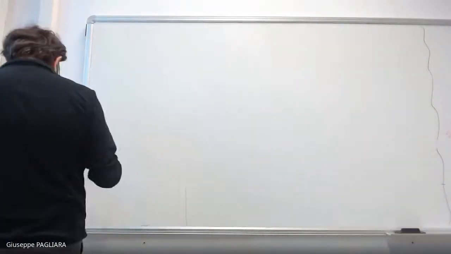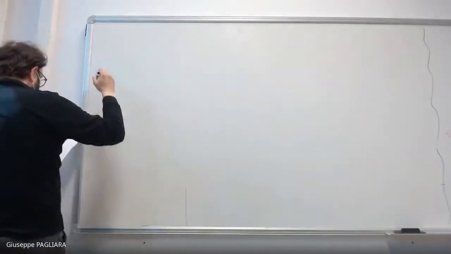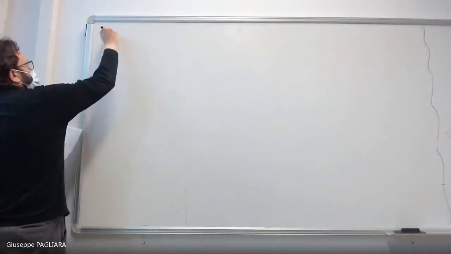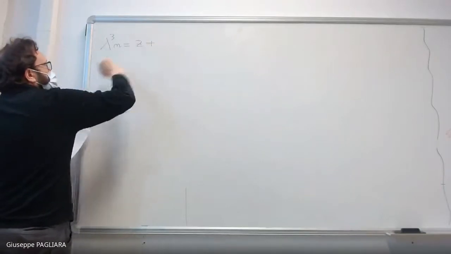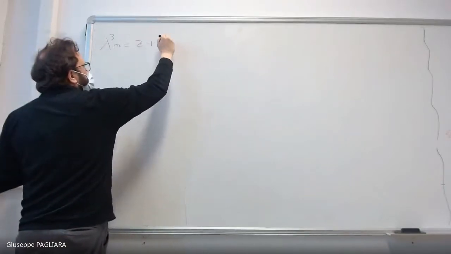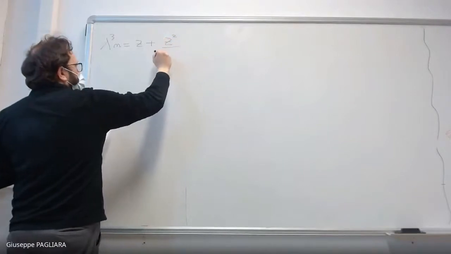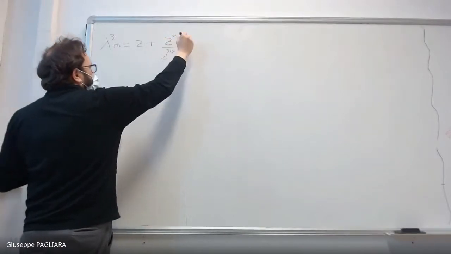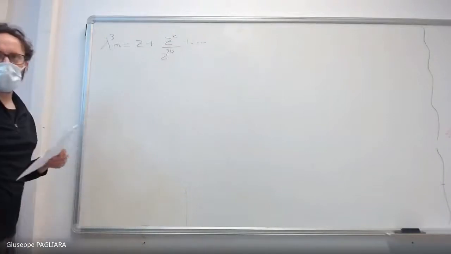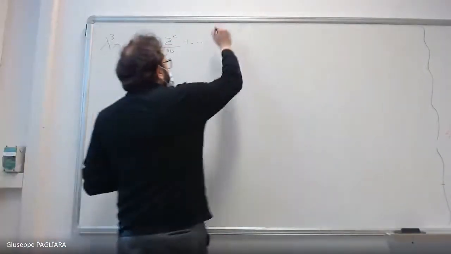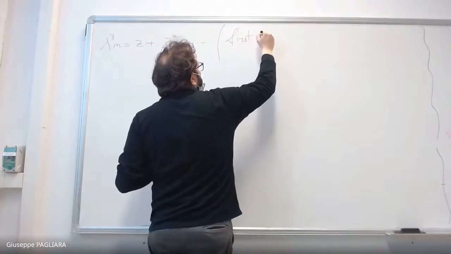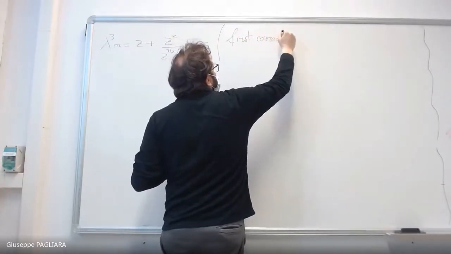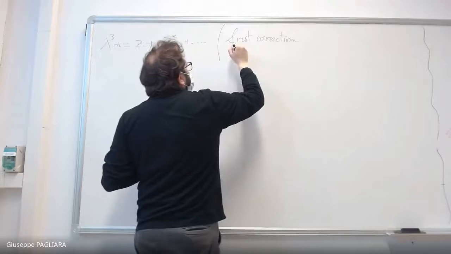So n lambda cubed is equal to z plus, at the second order, z squared over 2 to the power of 3/2, plus other terms that I'm not considering. So what I'm going to do is to consider the first correction due to quantum mechanics.